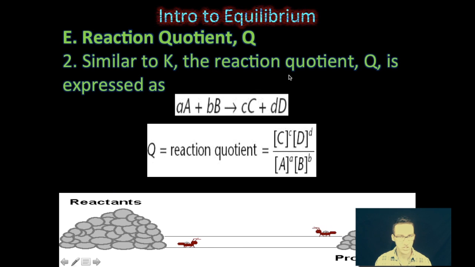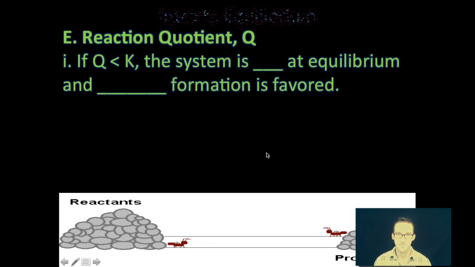So just like K, the reaction quotient Q is solved by setting your product concentrations raised to their stoichiometric coefficients, over the reactant concentrations raised to their stoichiometric coefficients.